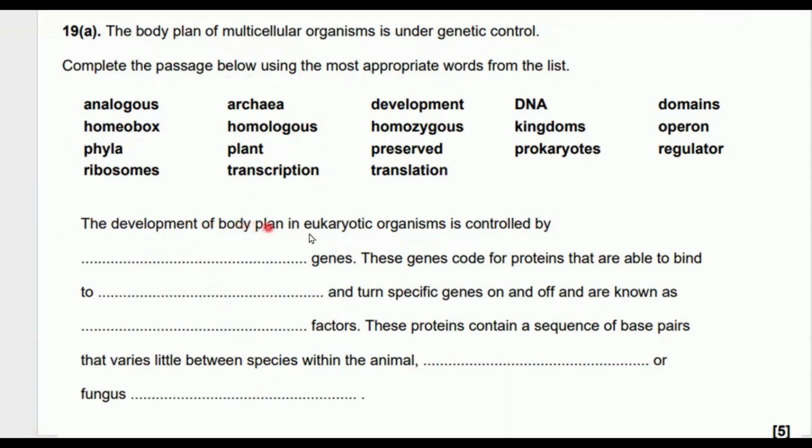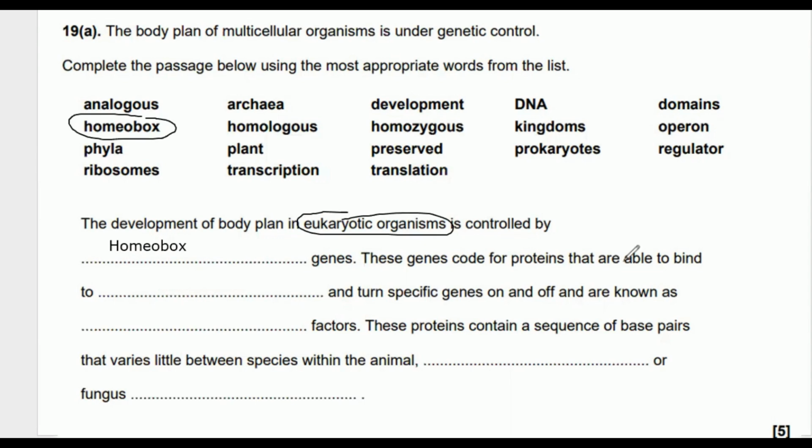So the development of the body plan in eukaryotic organisms is controlled by the homeobox genes. Now, you may have wanted to say Hox genes, but I don't think it was there. They'd have made it a little bit more tricky if they put Hox genes there. But of course, Hox genes, the clusters of Hox genes, are only found in animals, and this was specific, saying eukaryotic organisms, and eukaryotic organisms have homeobox genes.